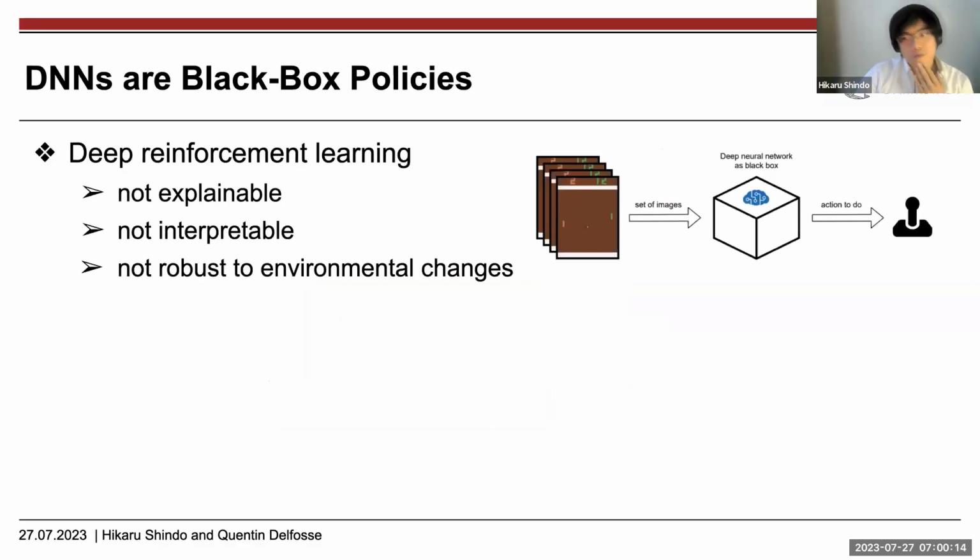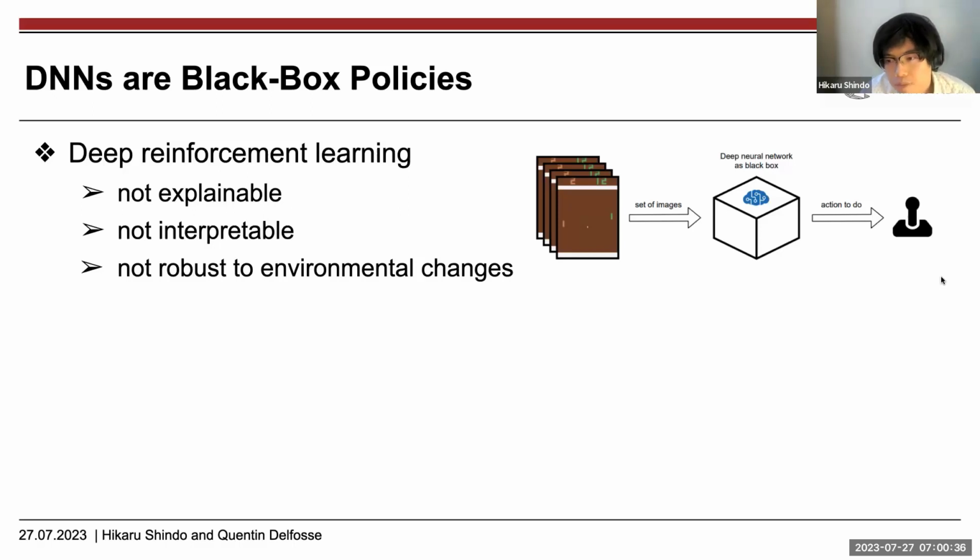Deep neural networks are the mainstream way to implement the actors, that means the agents, in reinforcement learning. But as we know, deep neural networks are often claimed to be black boxes.